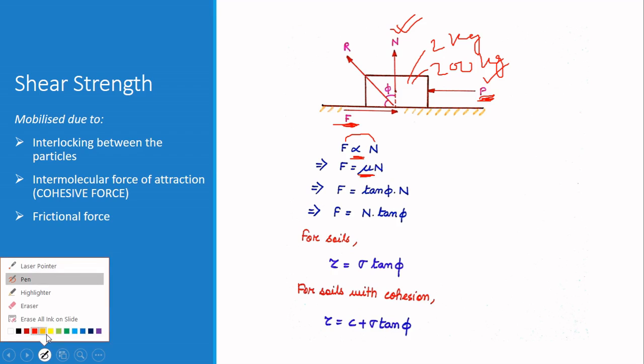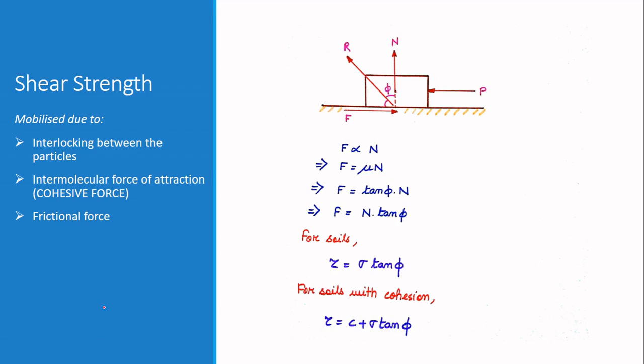Now if you look into the diagram, you will see that the frictional force and the normal reaction produce a resultant force which is denoted by R. This resultant force makes an angle phi with the normal reaction.